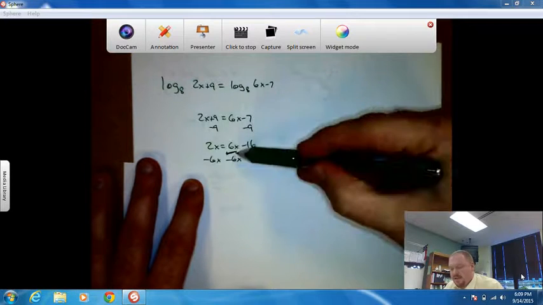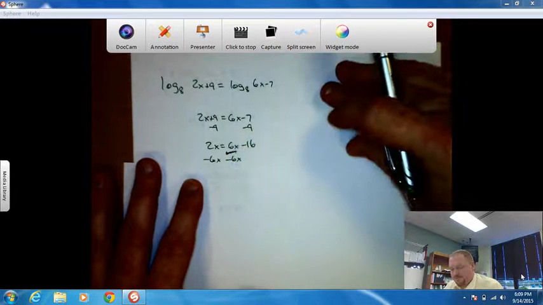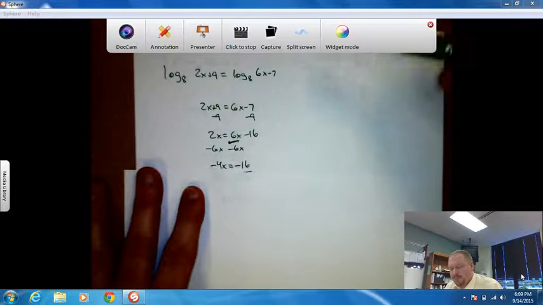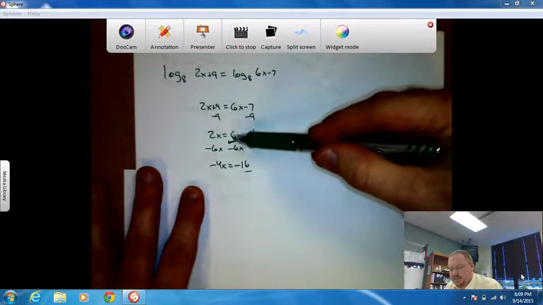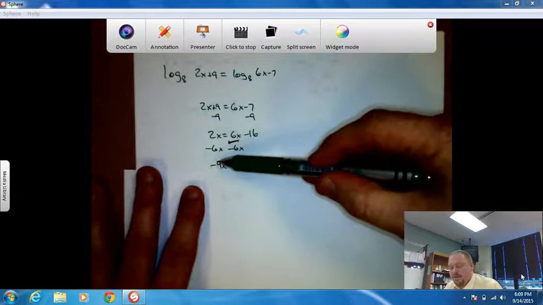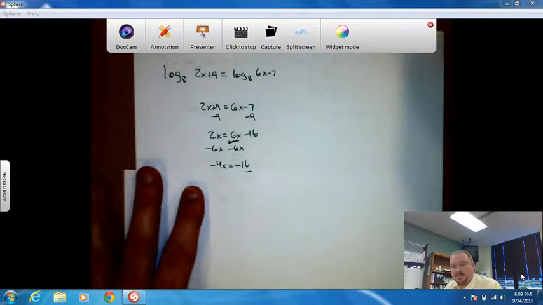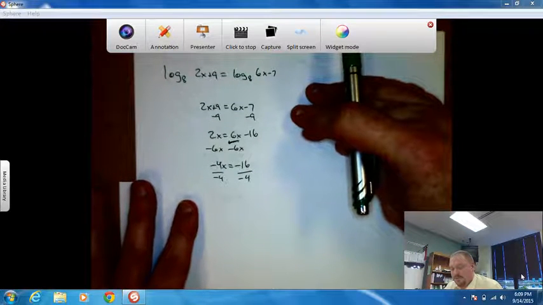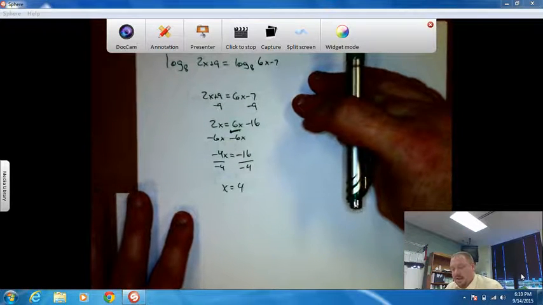I had a little bit of a boo-boo here. Don't worry about that. So 2 minus 6 is negative 4. 6 minus 6 cancels out, and I'm left with negative 4x equals negative 16. So divide both sides by negative 4, and I get x equals 4.